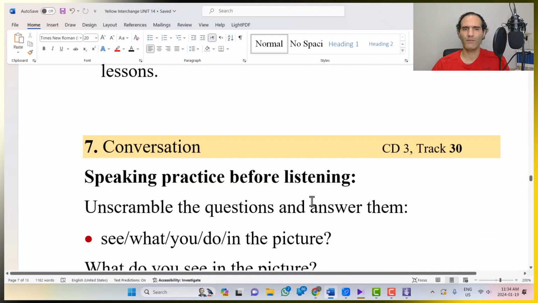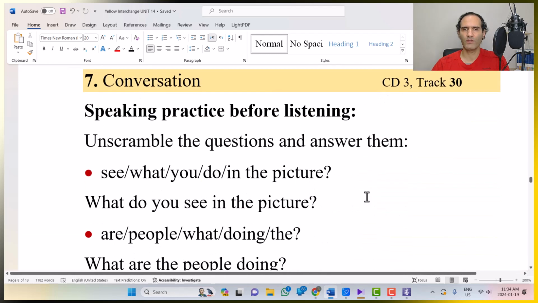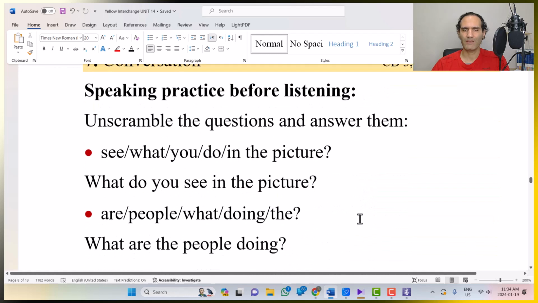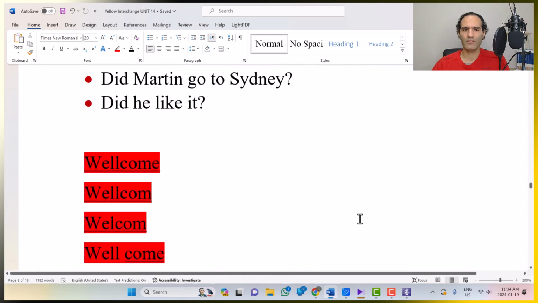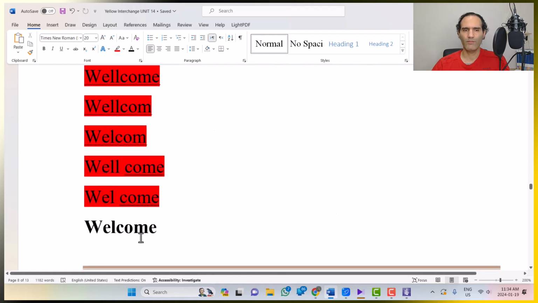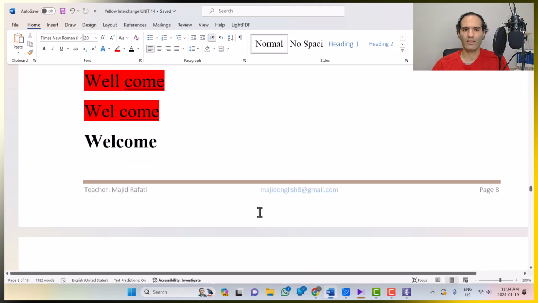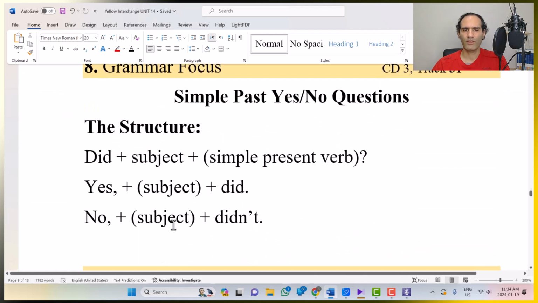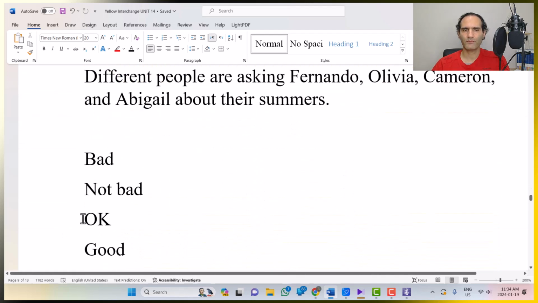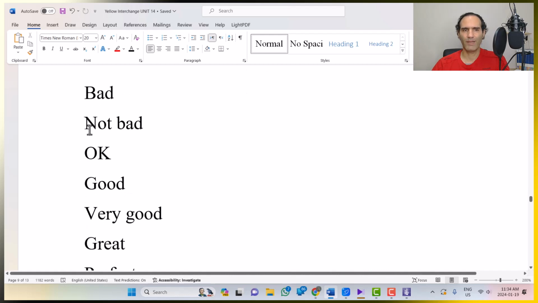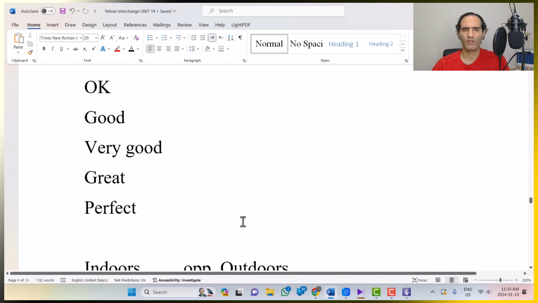We talked about them. Conversation, very beautifully, we talked about the past tense, unscrambling the sentences. I told you about welcome. The only correct spelling is this one, 1 L, 1 word, and with an E at the end. Grammar focus, past tense, we talked about it. Not bad, bad, not bad, okay, good, very good, great, perfect.